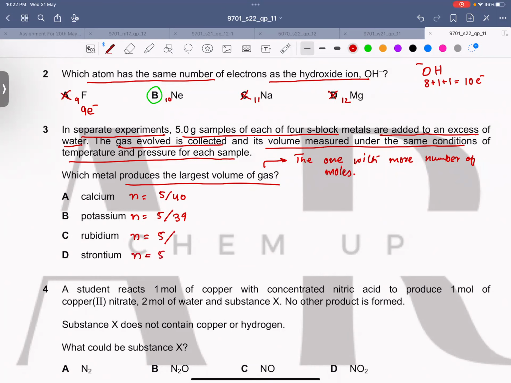And for strontium as well? 86 and 87, right?